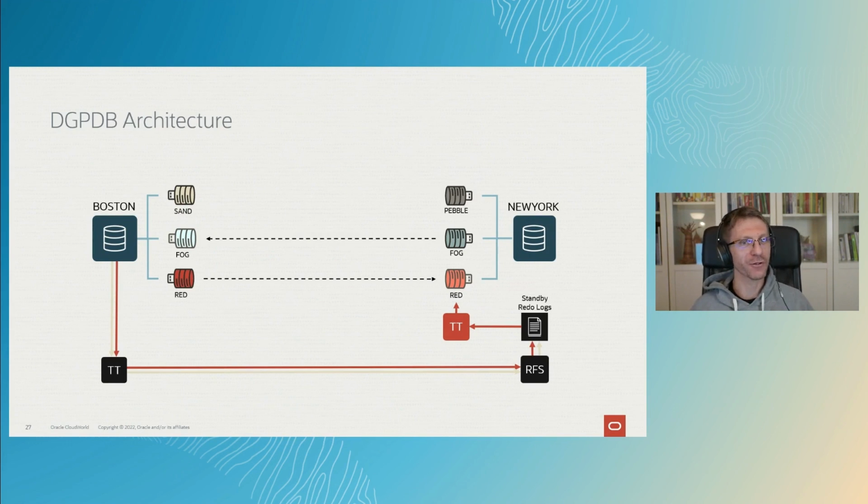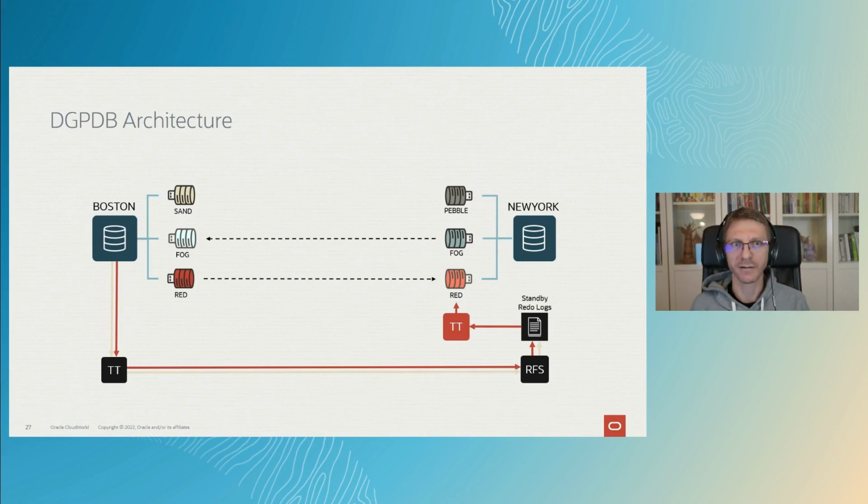Talking about the architecture, you have two primary CDBs, as I said, because in both CDBs you can have a database open read-write. At the transport level, you have all the redo stream that is sent by the transport process to the remote CDB, and there it's written into the standby redo log. So the process does not change much until this point. But then you have one apply process per PDB. If you have one standby PDB, you will have one apply process.